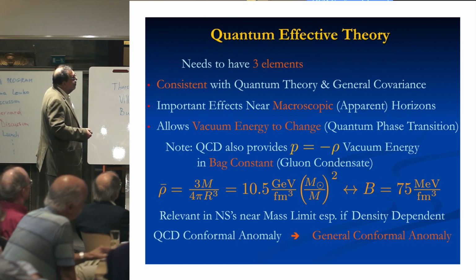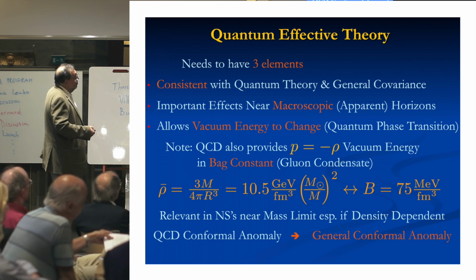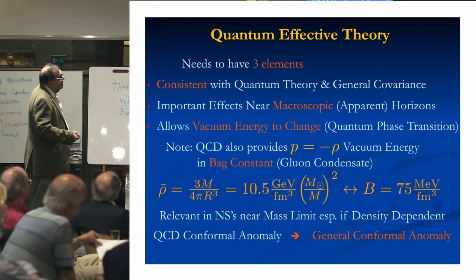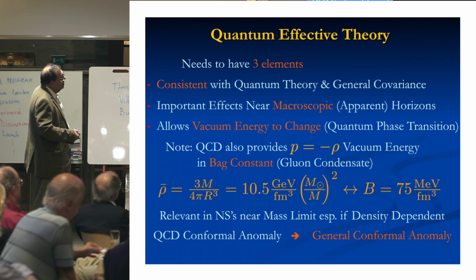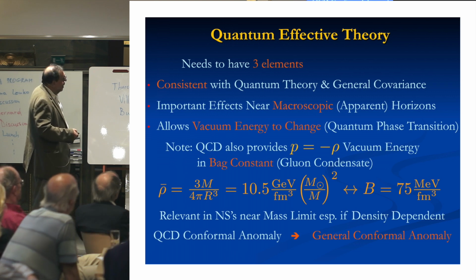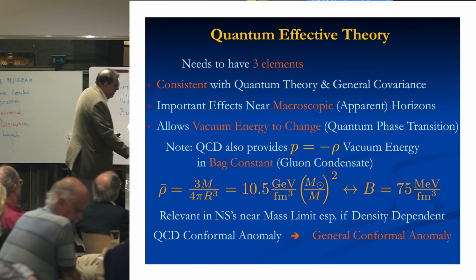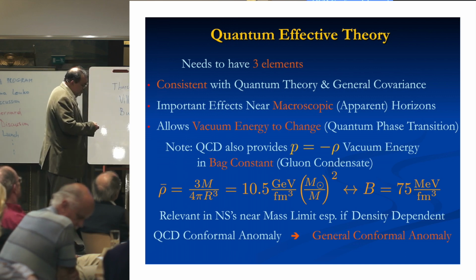So for a mass of a few solar masses, this is within about an order of magnitude. So you could even imagine that QCD itself, gluon condensation, and the bag constant is actually generating this interior P equals minus rho condensate, but you probably need more than that, and then you have to do gravity itself. So that's where I was going to go next.